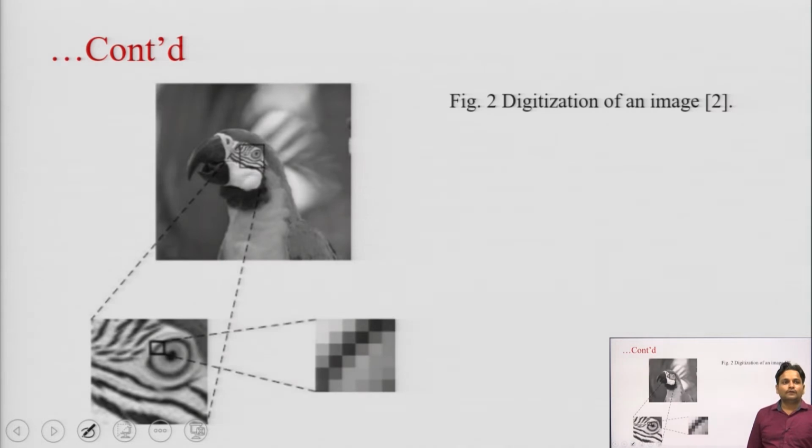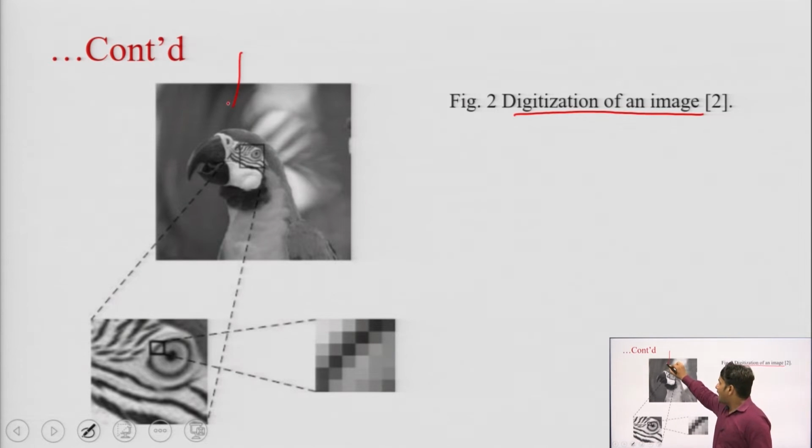Okay. Now, if we talk about digitization of an image, see that picture is very much important. Now, see that parrot has this portion, that is the eye of the parrot, and if you zoom it, then see that black portion we have to identify. So, now this black portion, how can you identify? In a digital form you can observe these grid lines are actually filled.